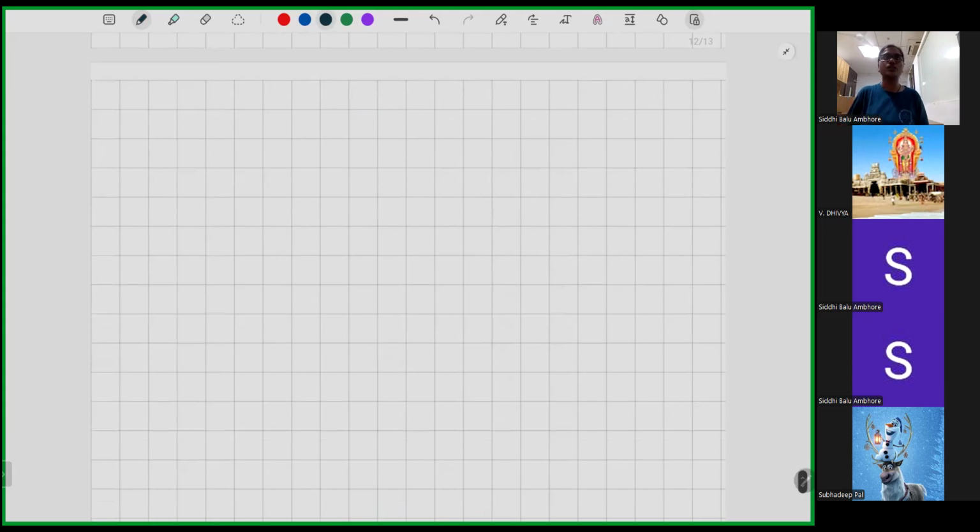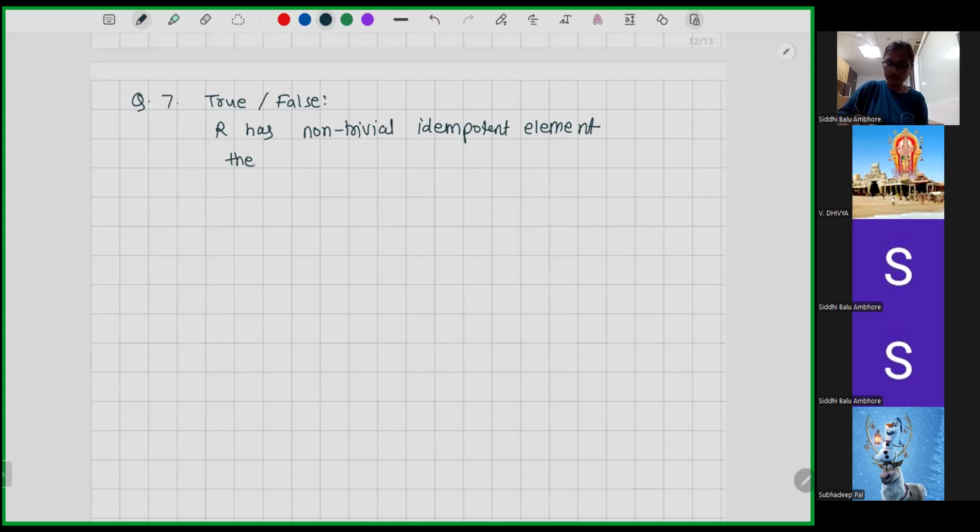So this is the next question. The question again is true or false. It says that if R has a non-trivial idempotent element, then R is a direct product of two rings.